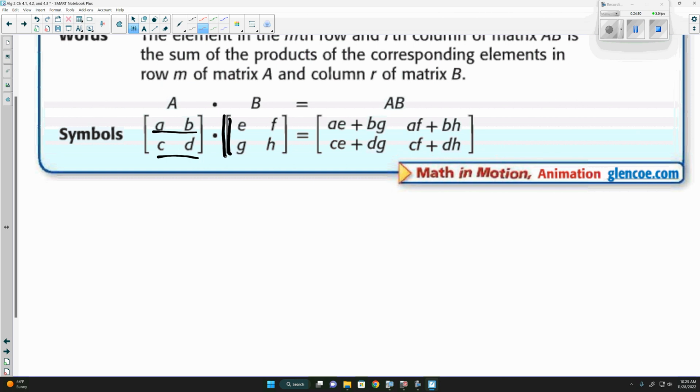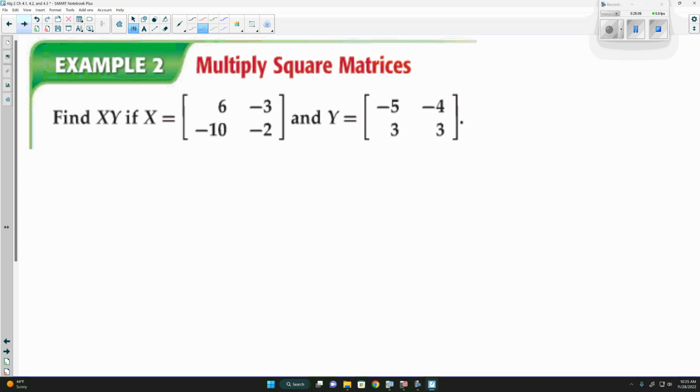C times E, D times G. We're going over and down, over and down. That's why the number of columns has to match the number of rows, over and down.